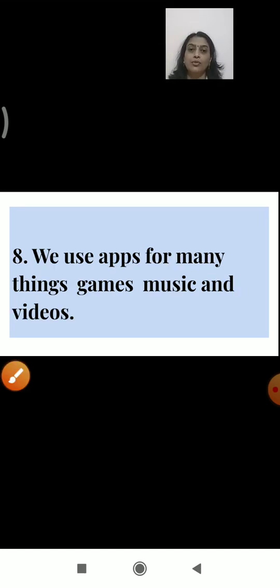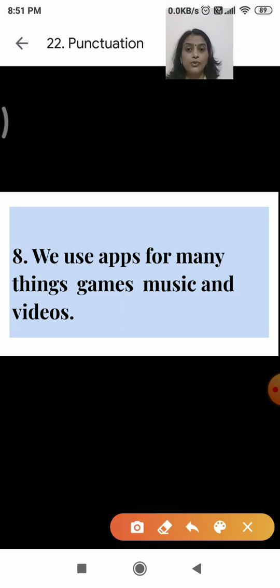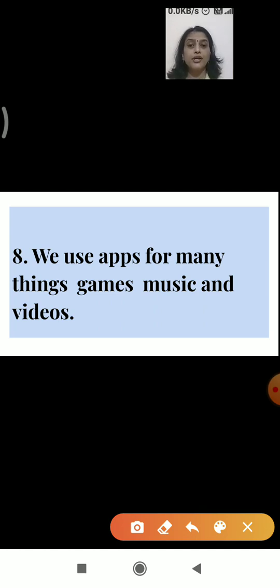The eighth one. We use apps for many things: games, music and videos. So what will come here now? We use apps for many things. What are the things? Games, music and videos. So what do we have to use? We are adding some information, right?